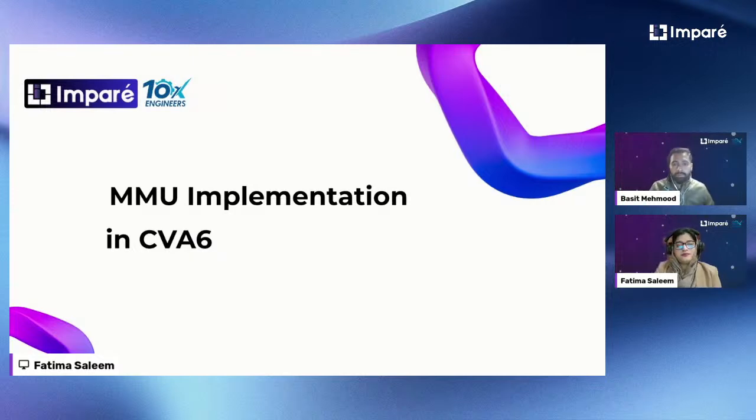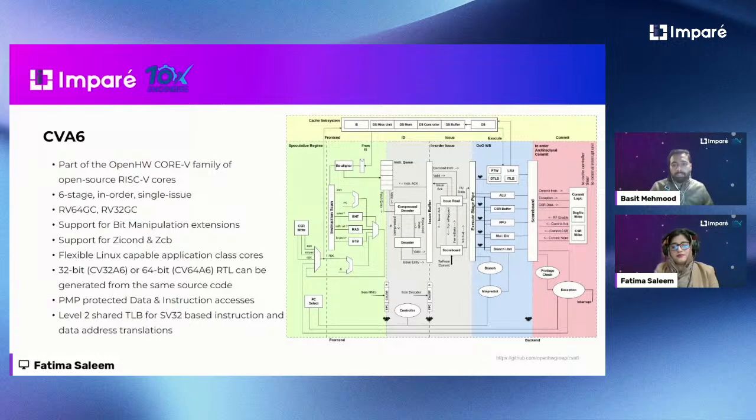And welcome to the fascinating case study of the CVA6, a noteworthy member of the family of open source RISC-V cores. Let's dive into the key features and characteristics that make the CVA6 stand out among its peers. CVA6 is part of the OpenHW Group CORE-V family, representing a commitment to open source hardware and the RISC-V architecture.